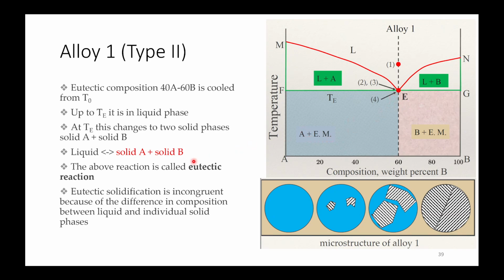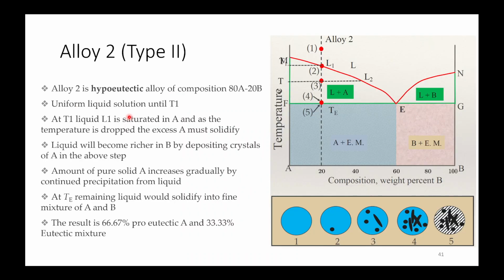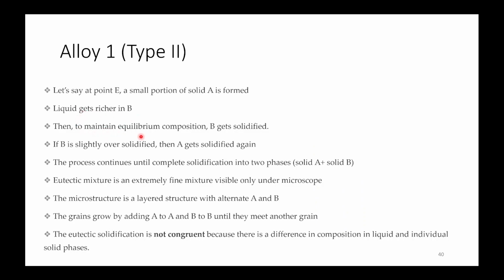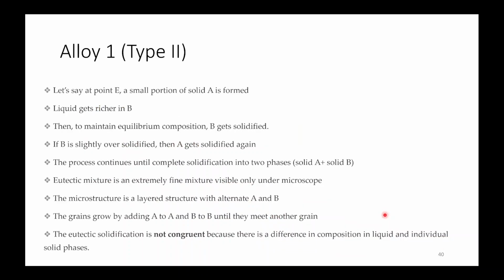Okay, next is at point E, a small portion of solid A is formed. So liquid gets richer in B, and then to maintain equilibrium composition, B gets solidified. If B is slightly over solidified, then A gets solidified. So these layers keep on forming. If one layer of A is forming, then because of depletion another layer will form, and the process continues until complete solidification into two phases, solid A plus solid B, takes place.